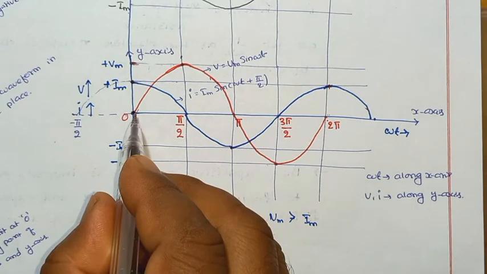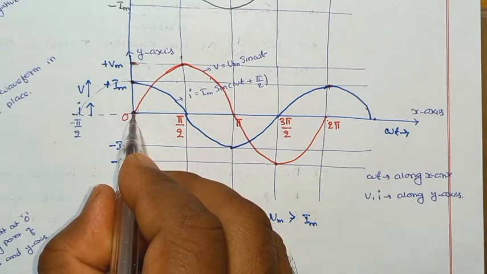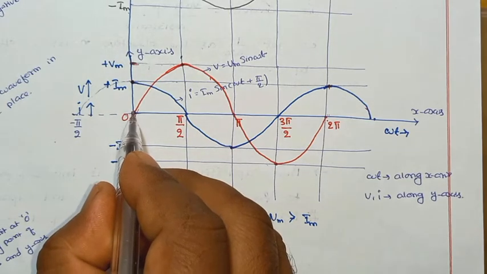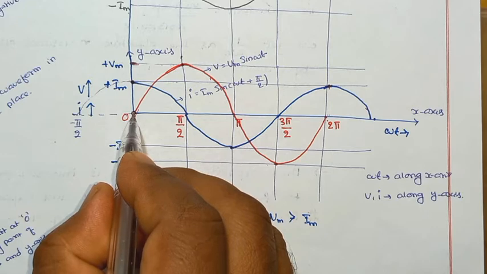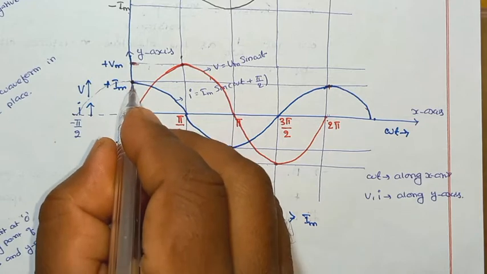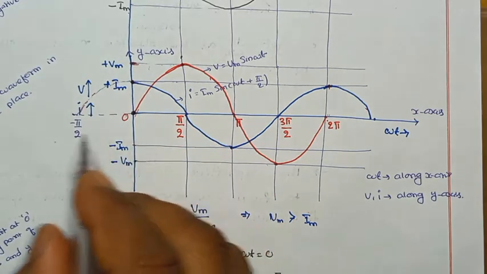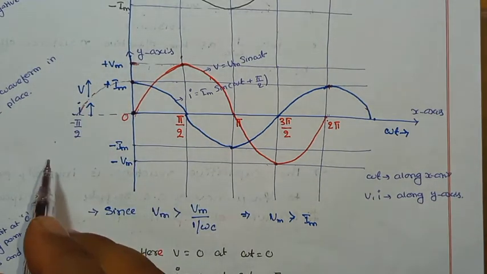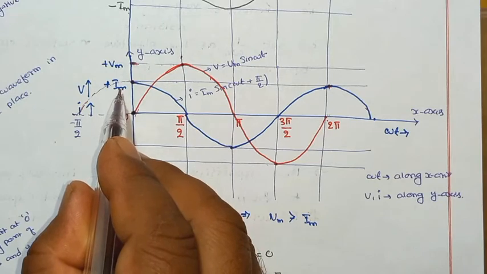If we take the meeting point of the x-axis and y-axis as the reference point, then at the reference point the voltage is 0, but the current is maximum.